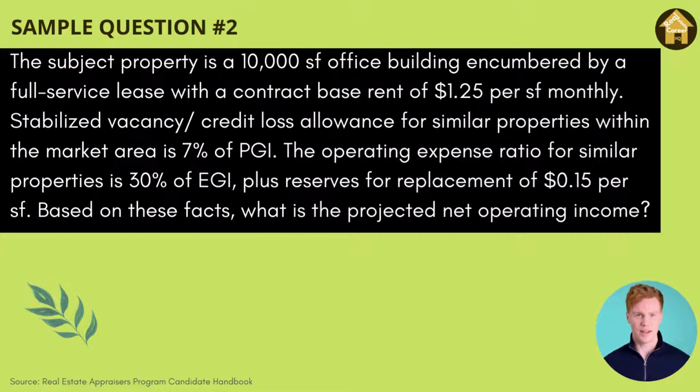The subject property is a 10,000 square feet office building encumbered by a full-service lease with a contract base rent of $1.25 per square feet monthly. Stabilized vacancy and credit loss allowance for similar properties within the market area is 7% of PGI. The operating expense ratio for similar properties is 30% of EGI, plus reserves for replacement of 15 cents per square feet.